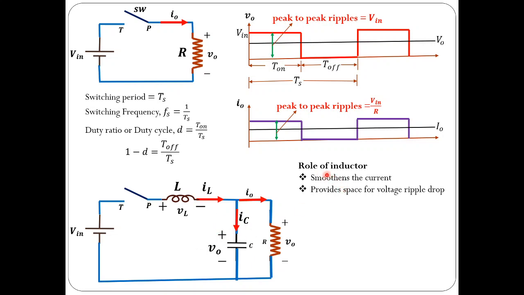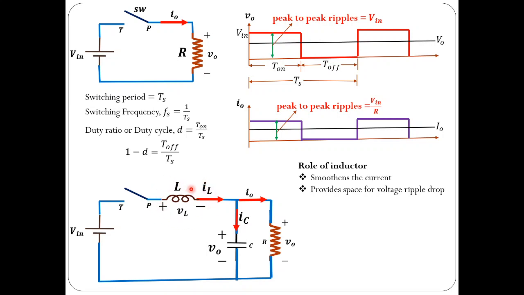Now what is the role of the inductor? The inductor smoothens the output current; that is role number 1. Also, we know the output voltage would have ripple if there is no inductor and capacitor. Definitely, as you are closing and opening the switch, there must be ripple, right? So this provides a space for the drop of the ripple voltage.